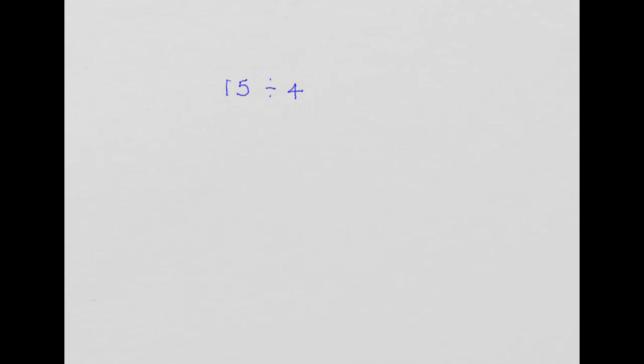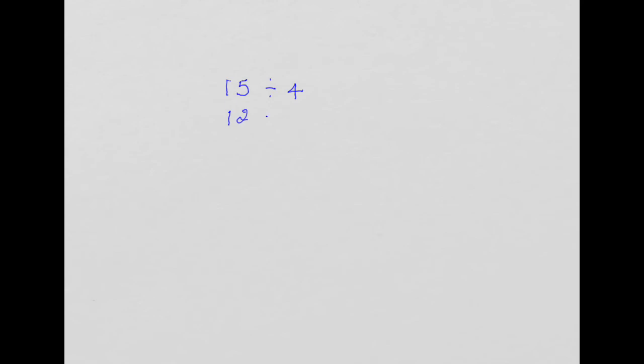We can start with 14. Is 14 in the 4 times table? No, it isn't. Is 13 in the 4 times table? No, that isn't either. Is 12 in the 4 times table? Yes, it is.